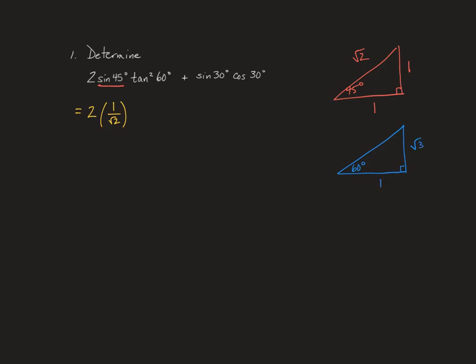That means 1 and 2 are my other two sides. And so I can calculate the tan of 60 degrees, which would be opposite over adjacent. Now that says square it.